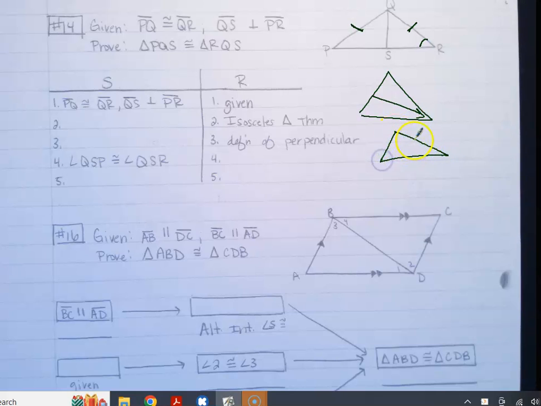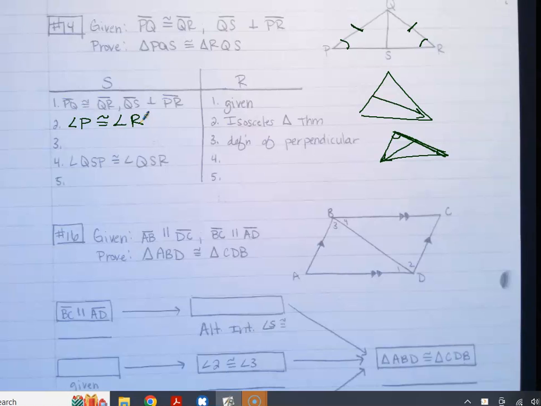But the only angle that this side doesn't touch is this one over here, because this one is part of, right? They touch this side. All right, so what angle is opposite of QR? P. All right, so we can say angle P is what? Yes! Awesome! Very nice.